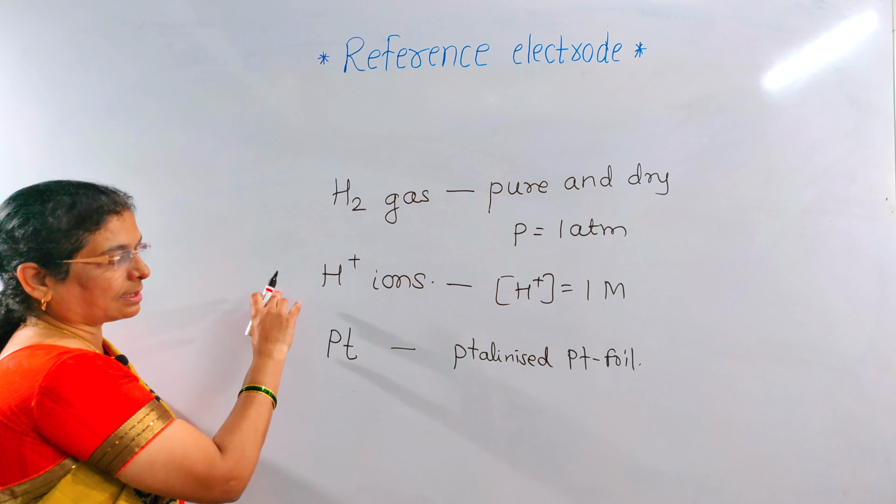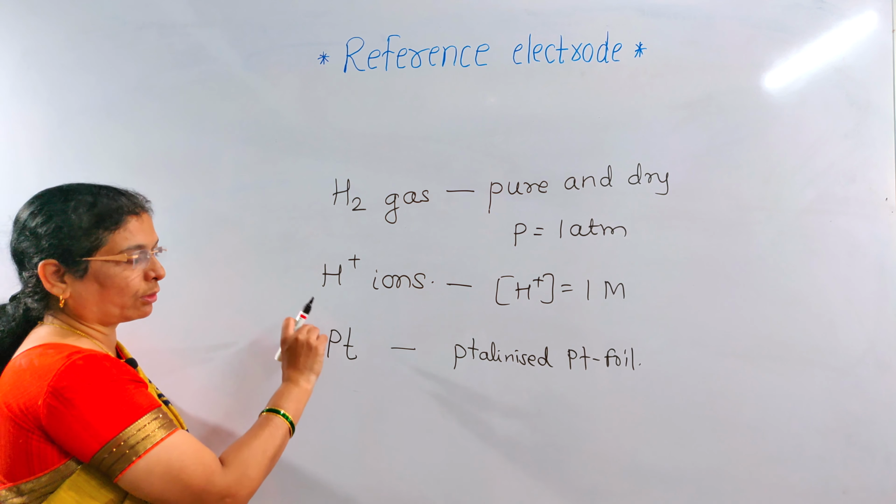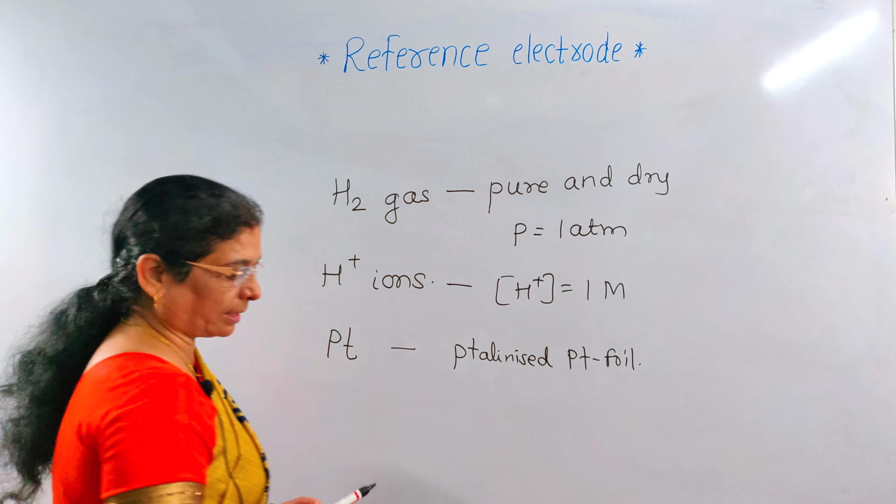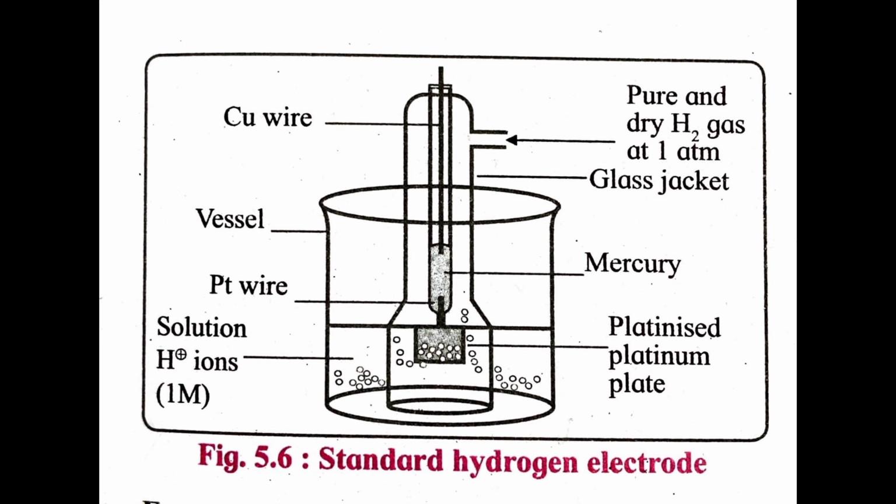We shall see the construction of the standard hydrogen electrode by considering its diagram. See the construction of the standard hydrogen electrode. Here there is one platinized platinum plate. This is a platinum plate which is covered by pure platinum, called platinum black.